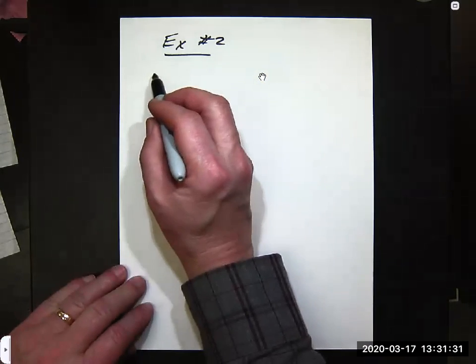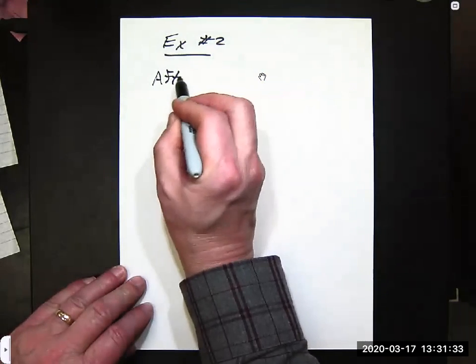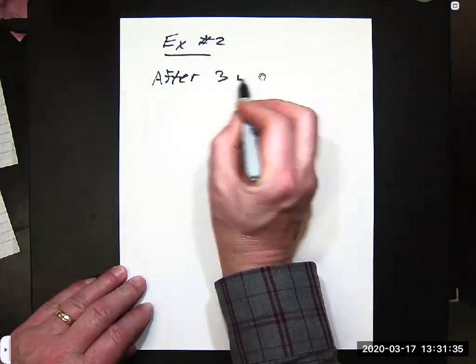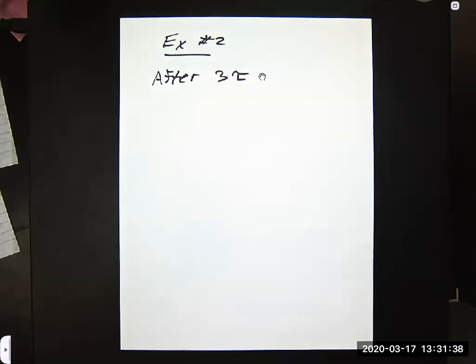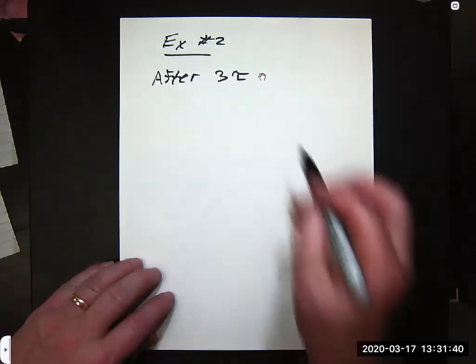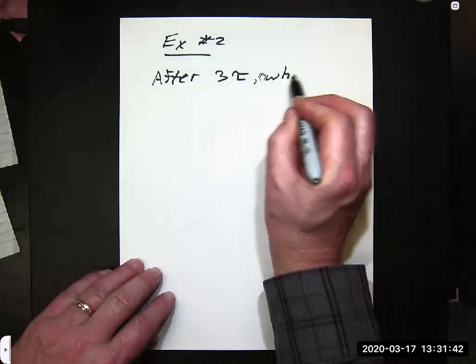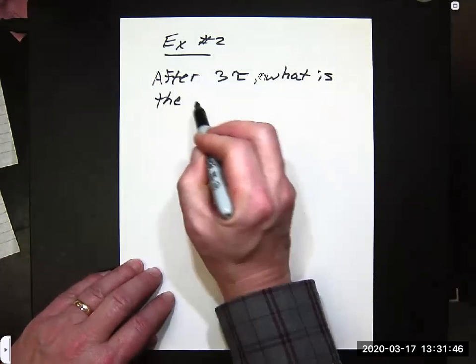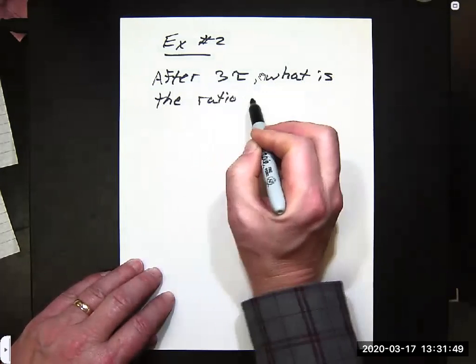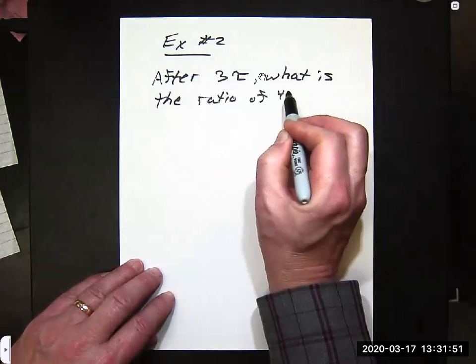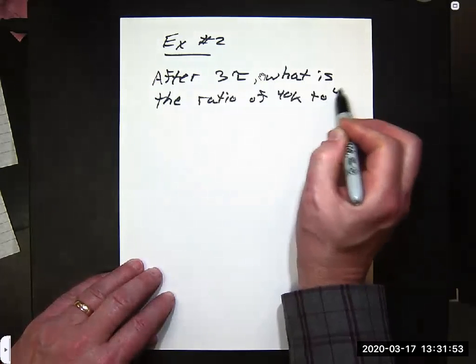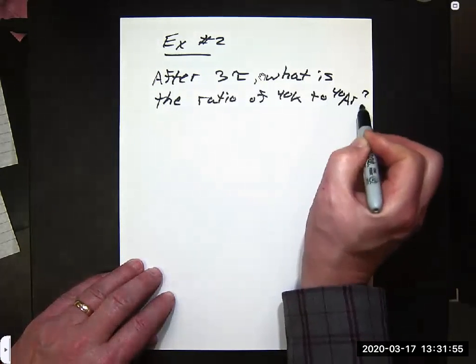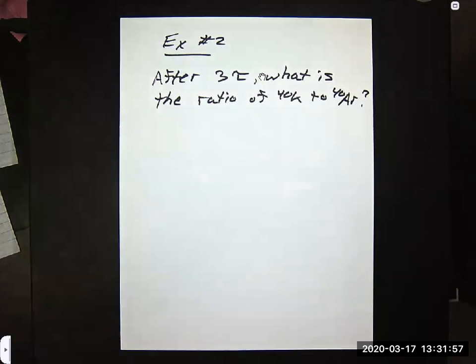Suppose we ask, after 3 half-lives, so that's 3 tau, 3 times tau, 3 half-lives, what is the ratio of potassium to argon? It's really the same basic question. We're just changing the look of it at the end.